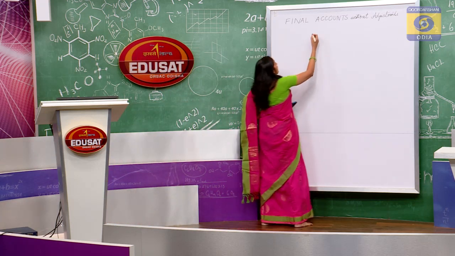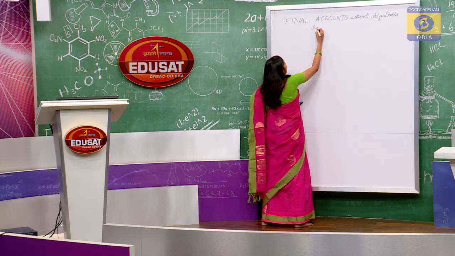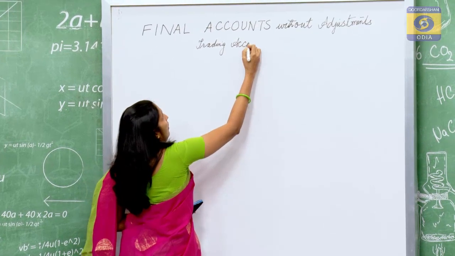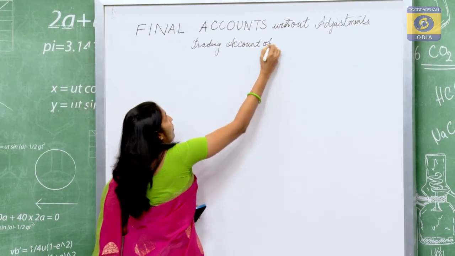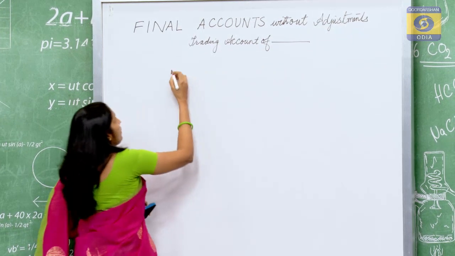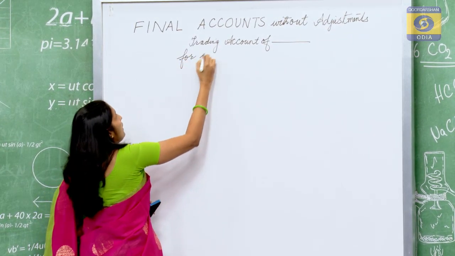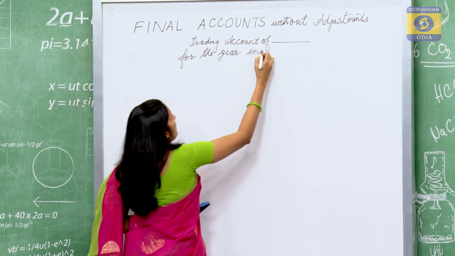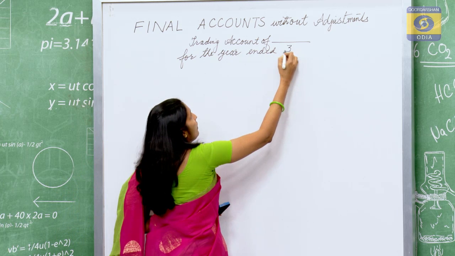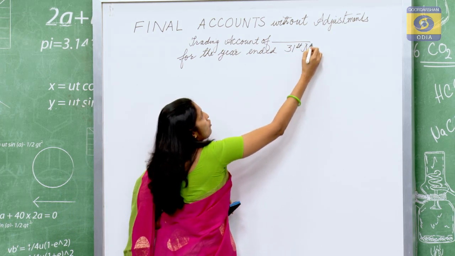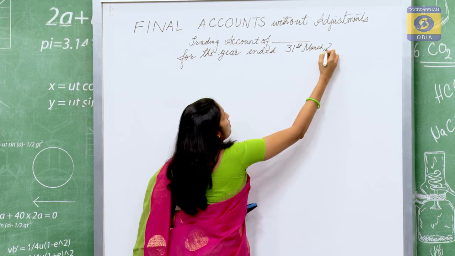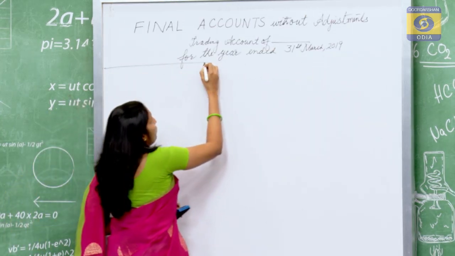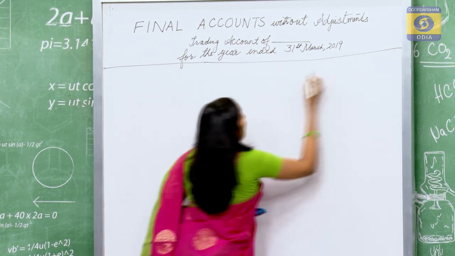So, first we will prepare the format, trading account of, we do not know, the name is not given, so we will just leave it blank, for the year ended, here we have been given 31st March 2019.